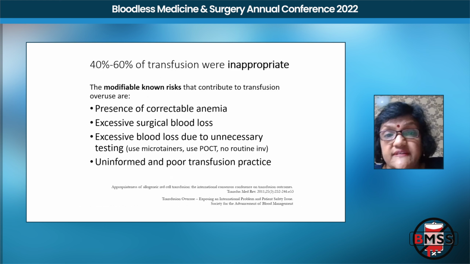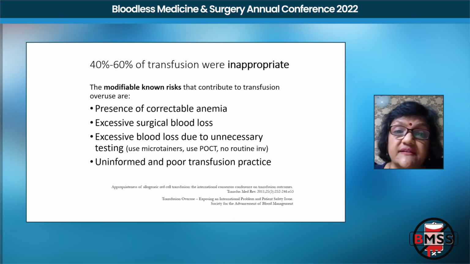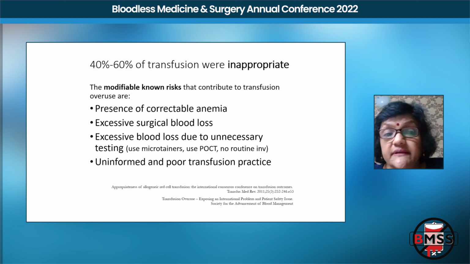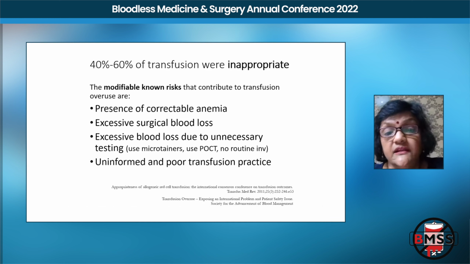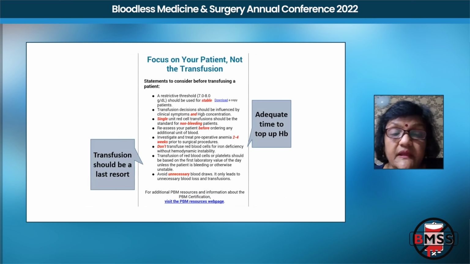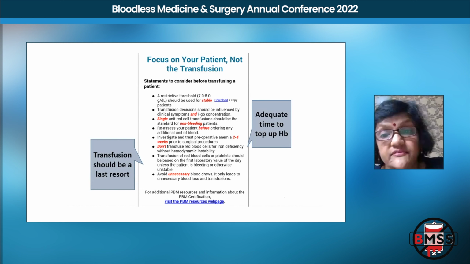We know that 40 to 60% of transfusions were inappropriate, and the modifiable risk factors that contributed to transfusion are the presence of correctable anemia, excessive surgical blood loss, excessive blood loss due to unnecessary testing, uninformed and poor transfusion practices. So it's time for us to focus on our patients and not on transfusion, and transfusion should actually be our last resort.